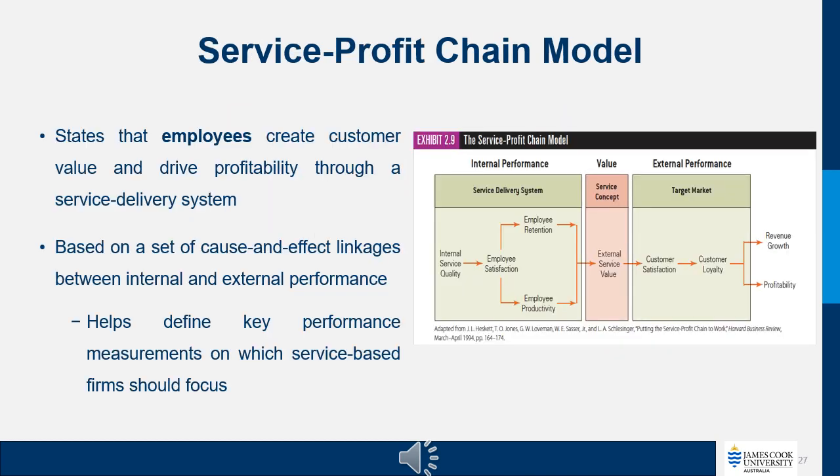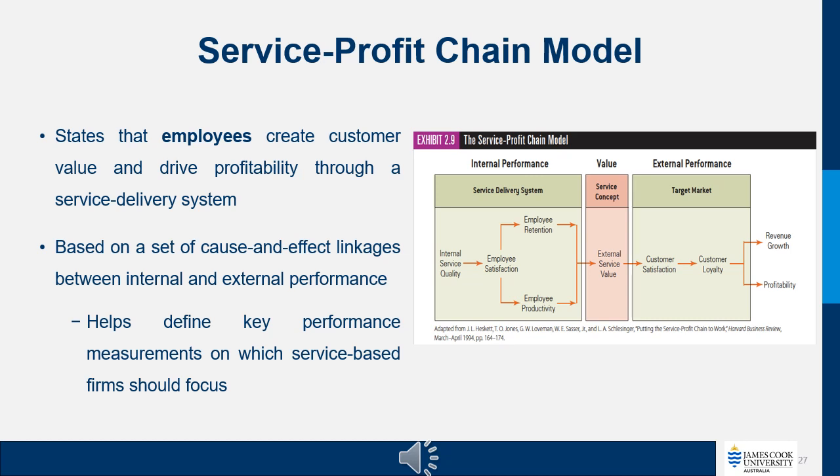The service profit chain model is a framework that highlights the relationship between employee satisfaction, customer satisfaction, and organizational profitability. In a service-based firm, it emphasizes that employees play a critical role in creating customer value and driving overall profitability through the service delivery system. It has some key components.